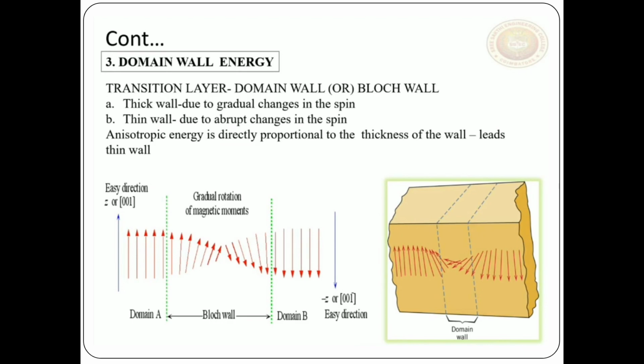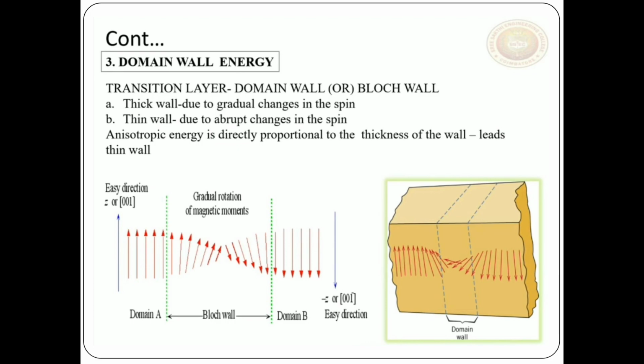Third one is domain wall energy. It is a transition layer, the domain wall or Bloch wall. A thick wall is due to gradual changes in the spin, but a thin wall is due to an abrupt change in the spin.